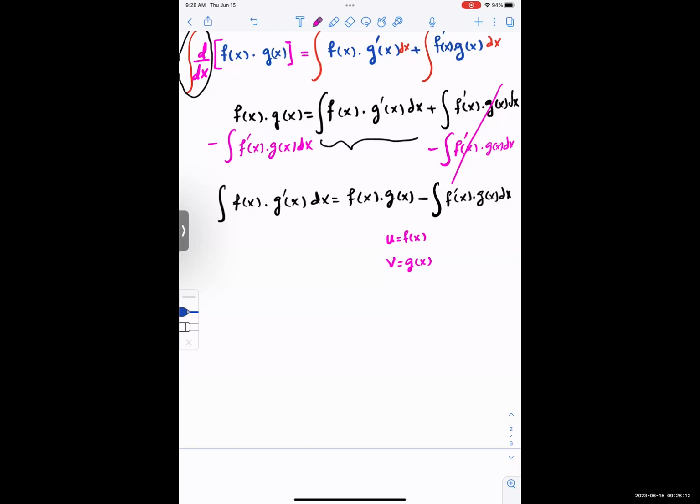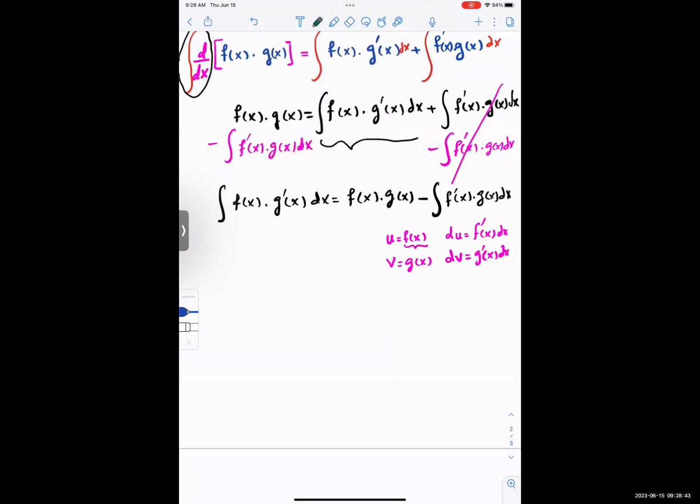And then I'm going to replace the things that I can replace here. What is going to be the result if I have du? It's going to be f prime of x dx, and dv is going to be g prime of x dx.